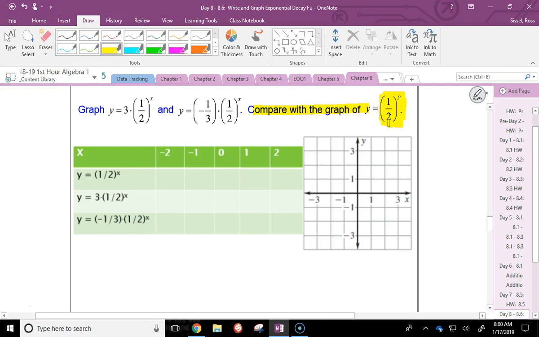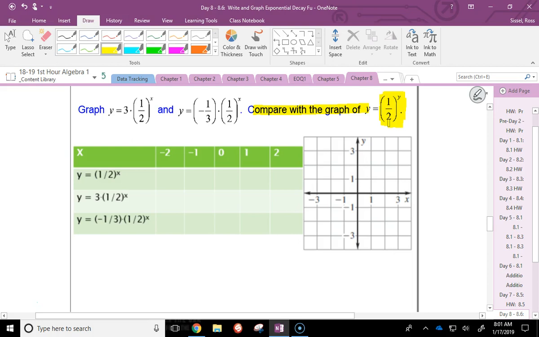So when I give you my answer, whether it's a vertical stretch, a vertical shrink, or a reflection, if I say any of those, it's compared to this first one. So I'm going to graph this one first, my parent one. This is the one I'm comparing to. y equals 1/2 to the x power.